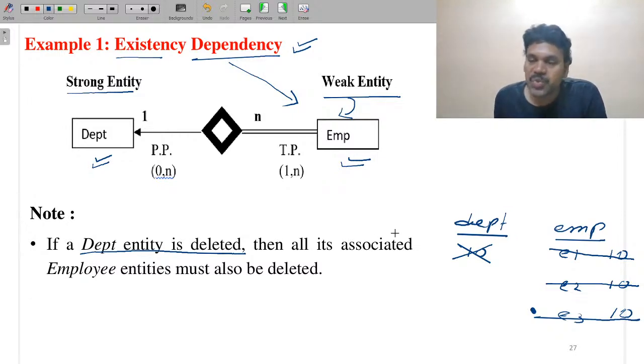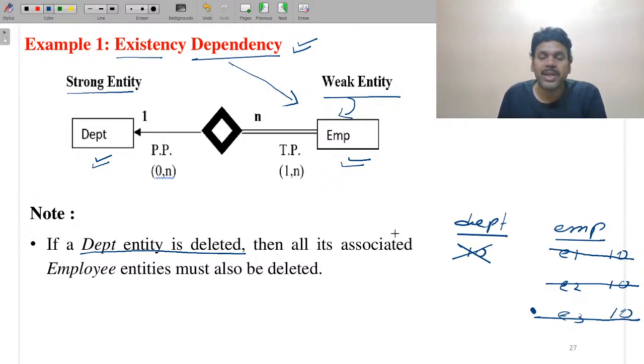Why is it very useful in real time? For example, nowadays the Indian government is managing a centralized database which is linked to Aadhaar, PAN card, voter card, many kinds of things. So if a person has expired, then instead of deleting from each and every different entity, you can directly delete from your main database.